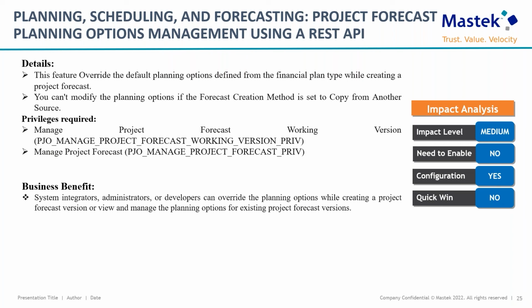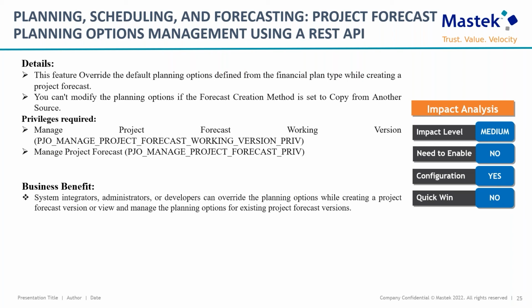Prior to this feature, we could upload bulk forecast through REST API, but the planning option could not be changed, and the system picks all the planning options mentioned in the financial plan type. For that, all the time the user has to open the forecast and change the planning option manually if they are different from the default options.